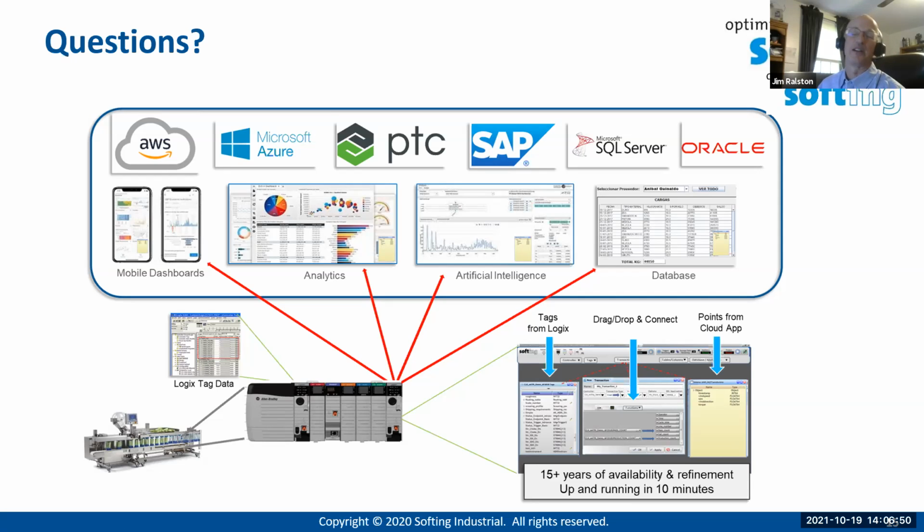Unfortunately, like many other companies, we're hit with some chip shortage issues right now, so some of our platforms are more readily available than others, but we do have solutions for both CompactLogix and ControlLogix. For the CompactLogix, a common question is whether we support the 5380, which is the 5069 bus. And yes, we have a solution for that as well.